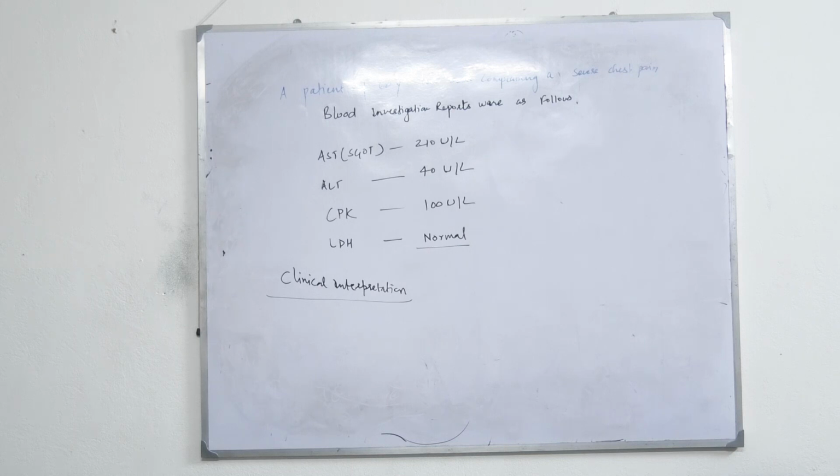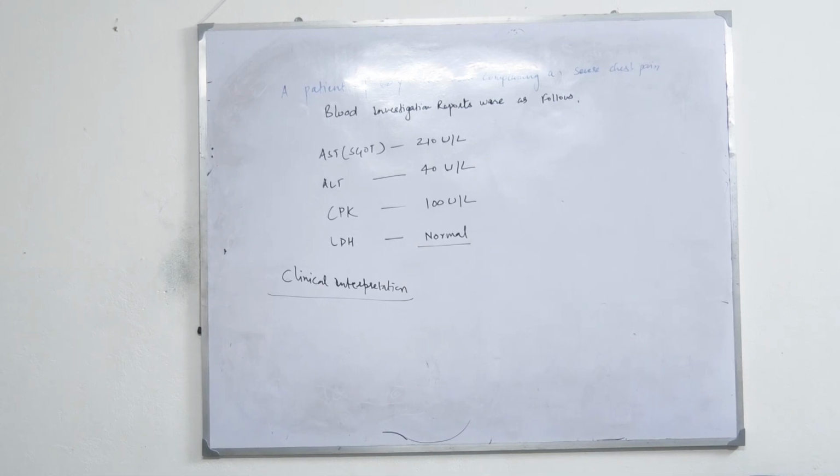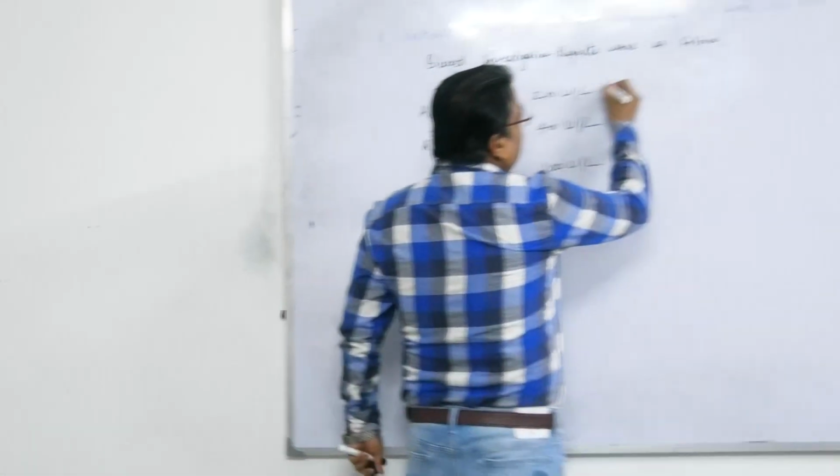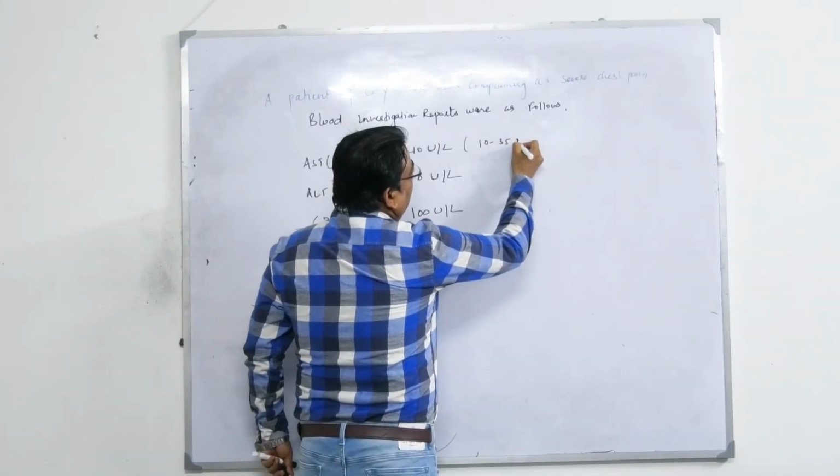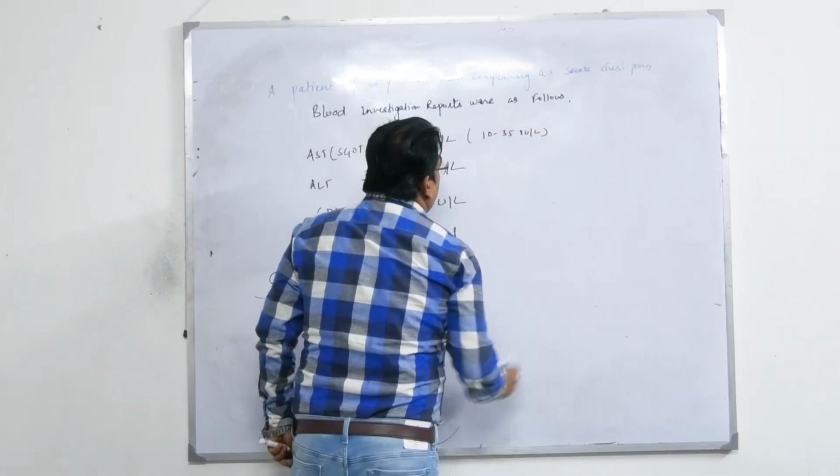The first complaint is severe chest pain. This is one symptom, and on the basis of this symptom you will find out the case. SGOT, SGPT. SGOT's normal level is about 10 to 35 international units per liter.